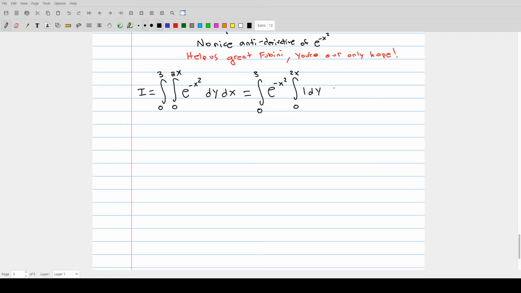And, well, we can now at least do the inner integral with respect to y, because this is just the integral of the constant function 1. So this is just going to be the antiderivative of 1 with respect to y, which is y. Plugging in the top bound and the lower bound ends up giving us 2x minus 0. So what we're left with is that I is just equal to the integral from 0 to 3 of 2x e to the negative x squared.